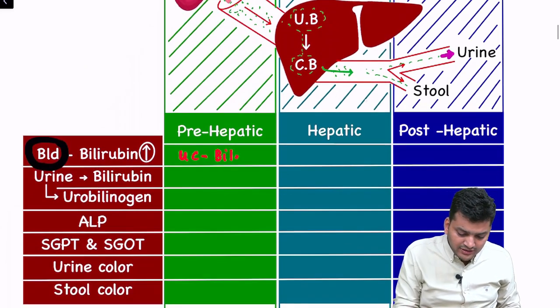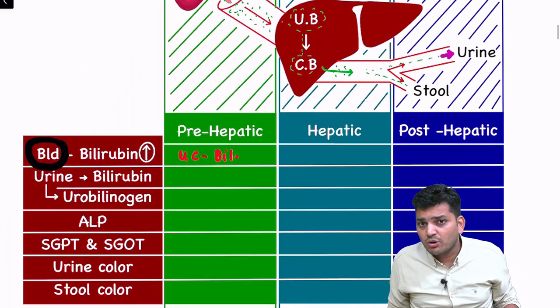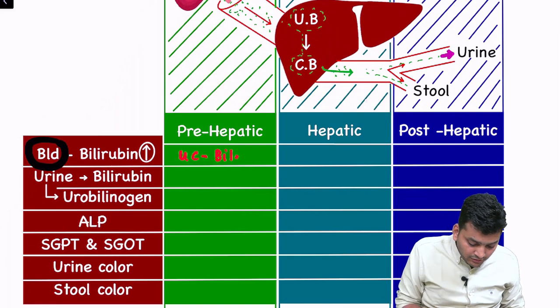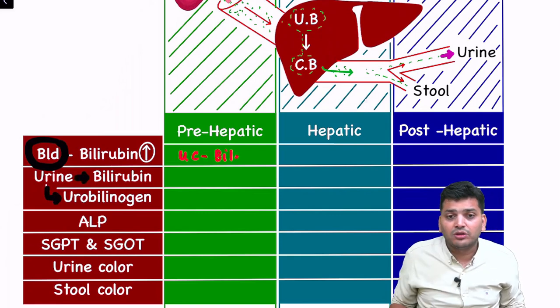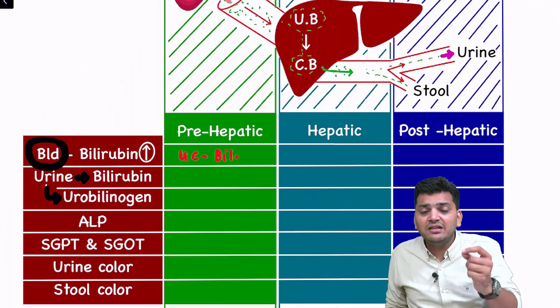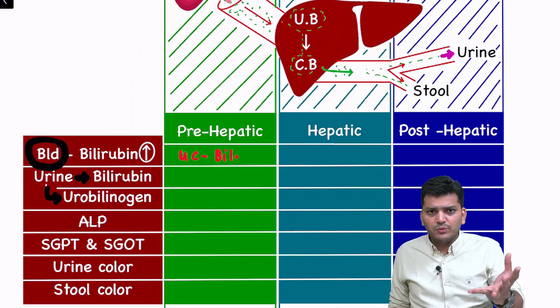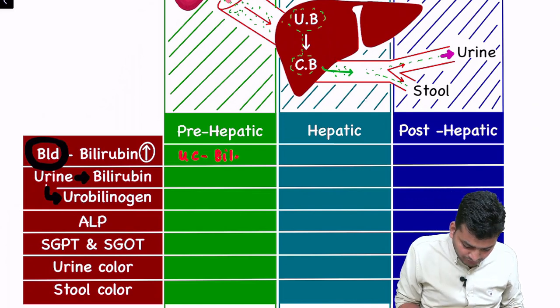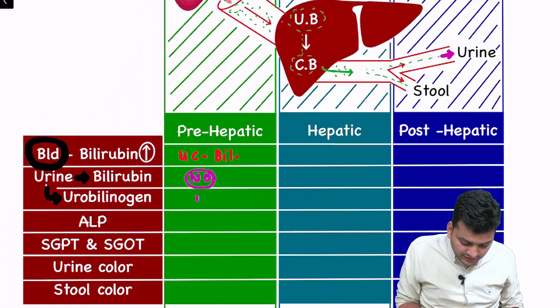So the question is, in the prehepatic cause of jaundice, what will come in the urine? Bilirubin, urobilinogen, or both? In prehepatic, which bilirubin has increased? Unconjugated. Can unconjugated bilirubin come in the urine? No. There is no bilirubin in the urine. But urobilinogen, yes, it will be there.